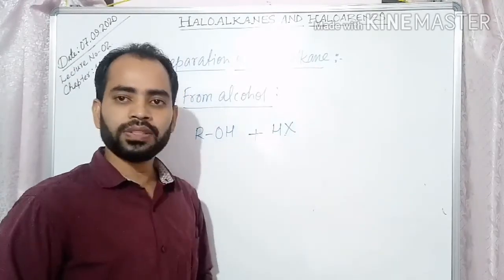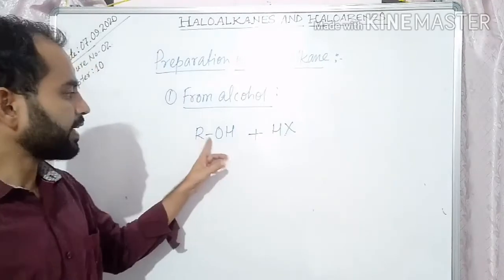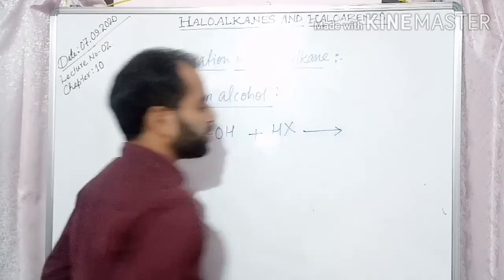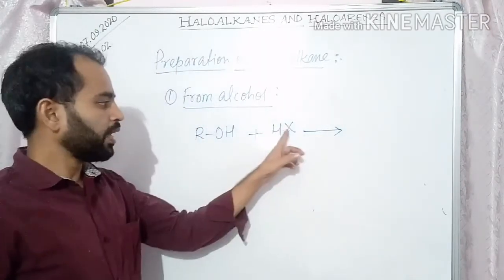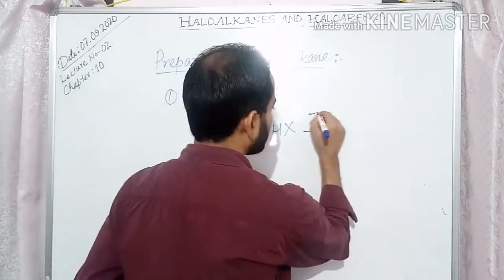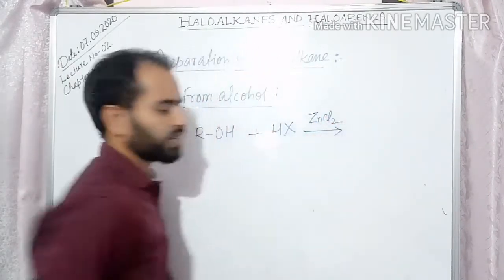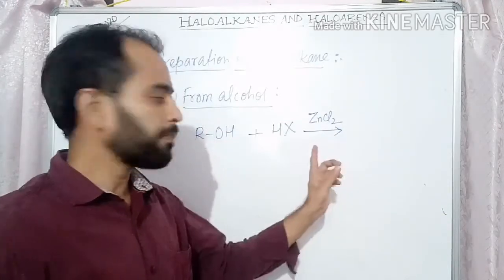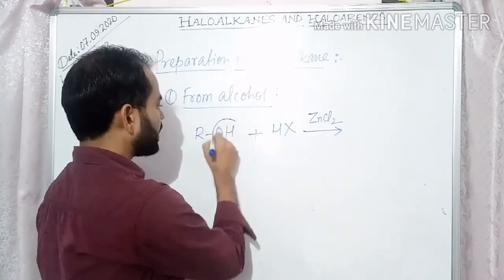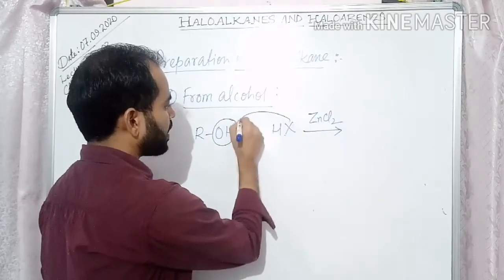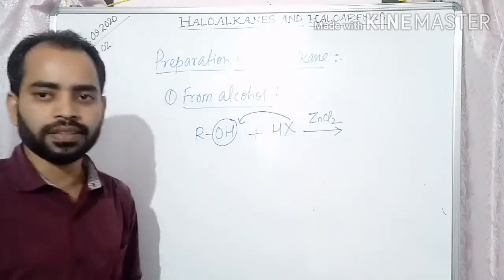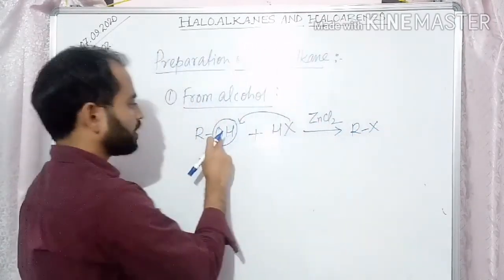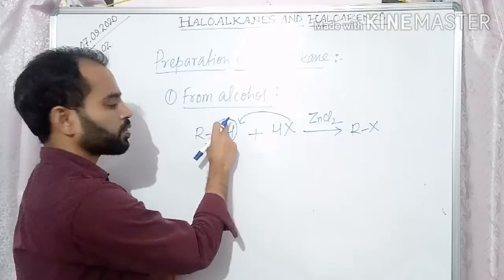If we react an alcohol with halogen acid, one condition is there. Here we have to use a catalyst, zinc chloride, ZnCl2, which acts as a catalyst. Then the OH group is replaced by the halogen, so it will become RX.